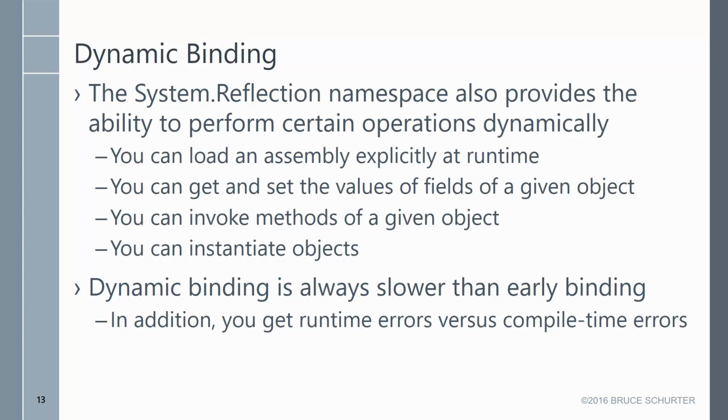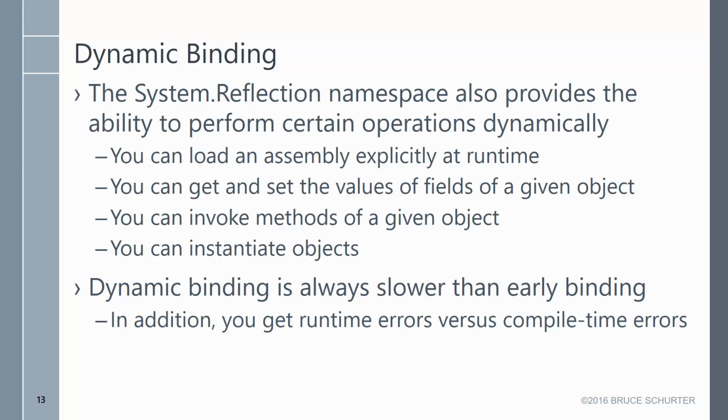So if you issue, for instance, an assembly.load command and you provide it the assembly that you're looking for, it will do several things. First off, it's going to look to see if it already has that assembly in memory. If it does, it will use that one. Otherwise, it will look in your local directory. In other words, the directory where your executing assembly is located. If it can't find it there, it will then look in the global assembly cache to see if your assembly is a shared assembly.